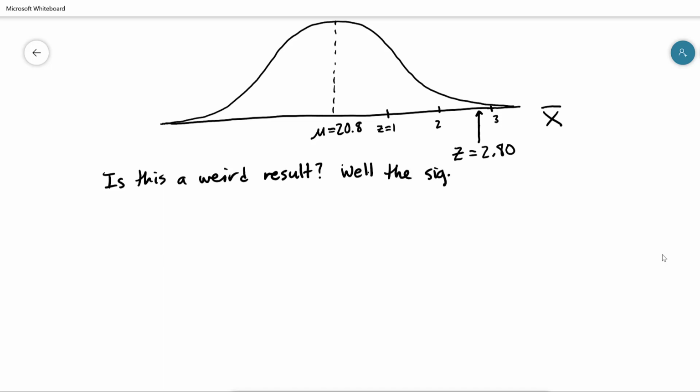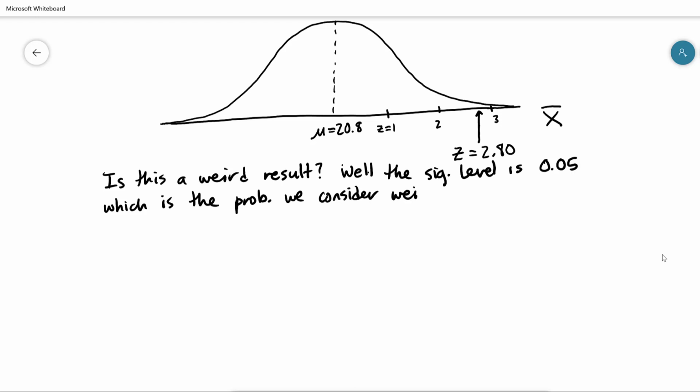The significance level is 0.05, which is the probability we consider weird or unusual.